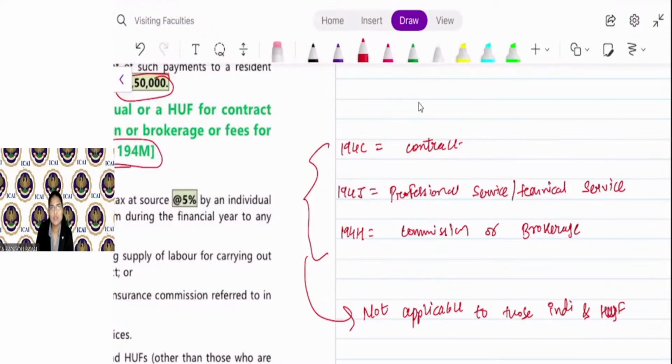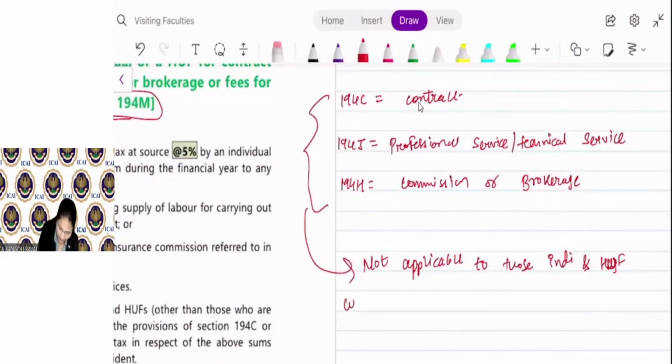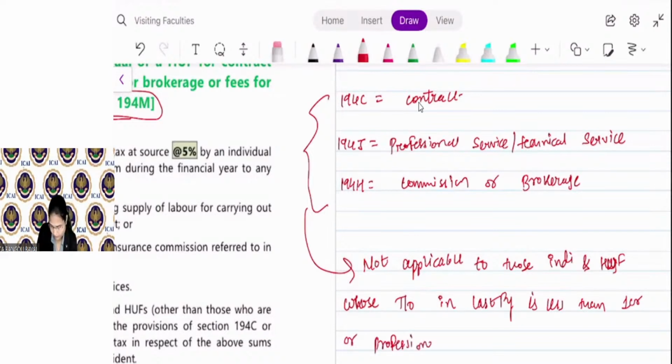To those individual, HUF whose turnover in last financial year, that is immediately preceding the financial year, is less than 1 crore, or professional receipt is less than 50 lakh.